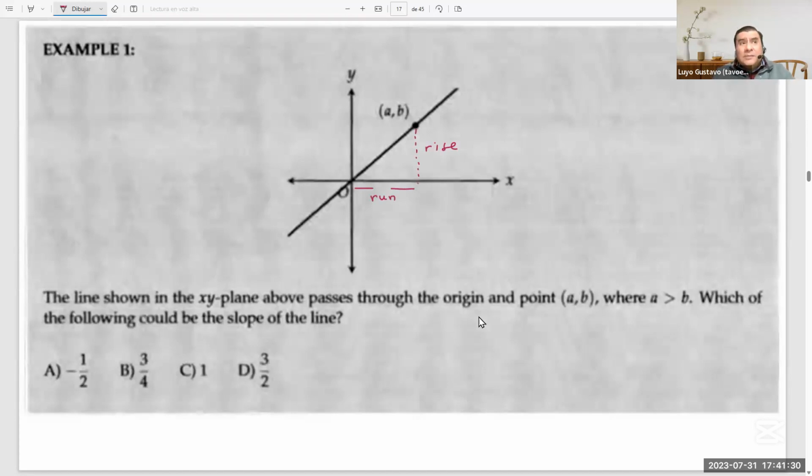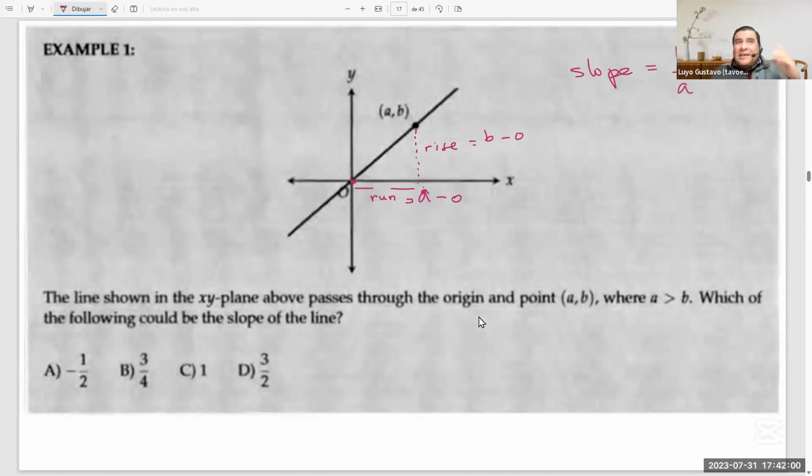The value of the rise would be b minus 0, this difference, right? Because this point here is in horizontal position 0 and vertical position 0 as well. What would be the run? The run would be this one, a minus 0. So what would be the slope according to our formula? It would be the rise over the run, b over a.